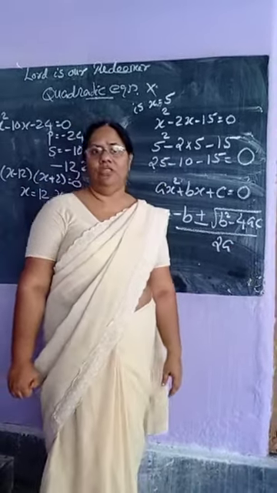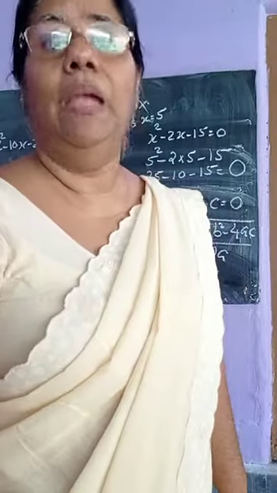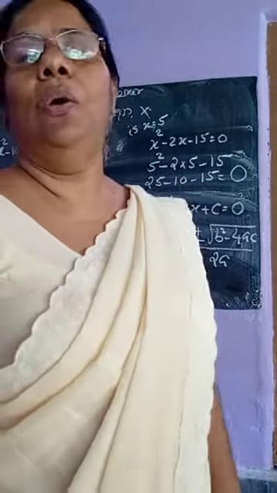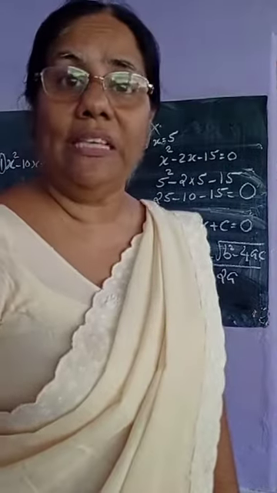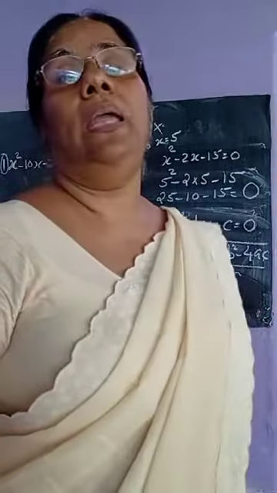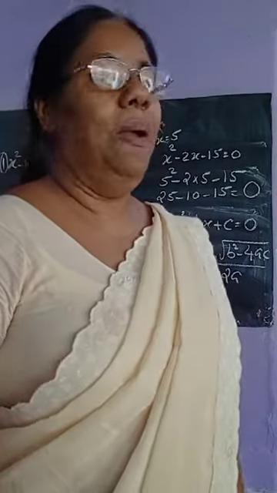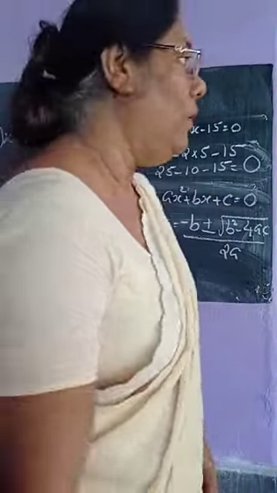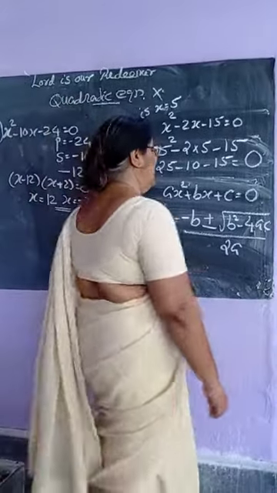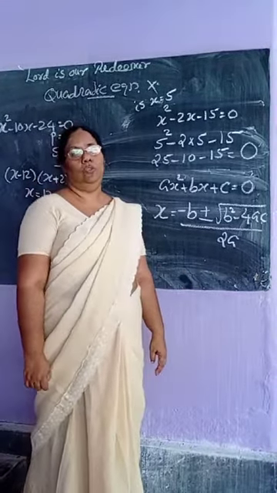I will repeat. x is equal to minus b plus or minus root of b square minus 4ac, the whole by 2a.